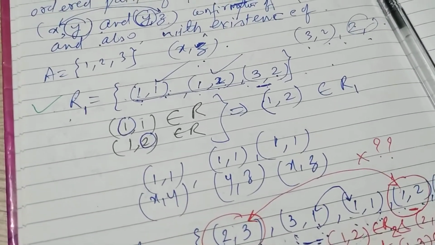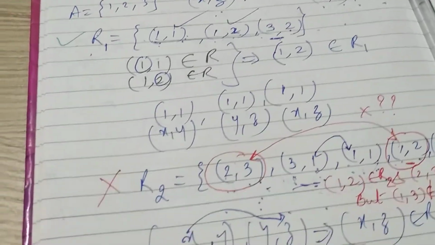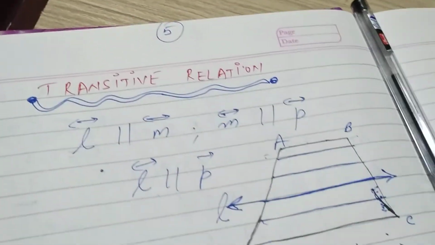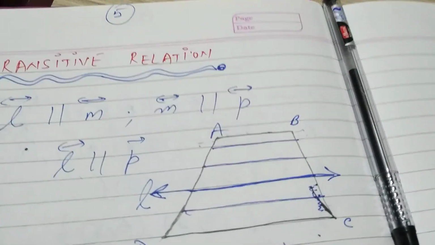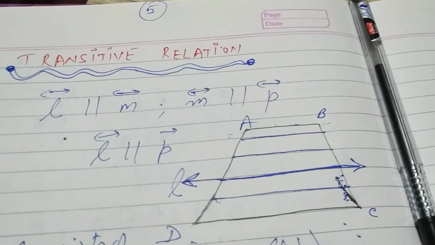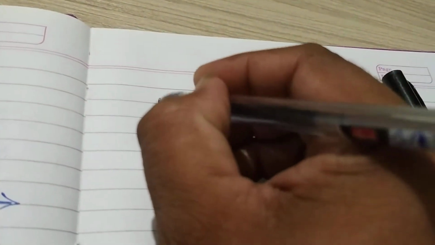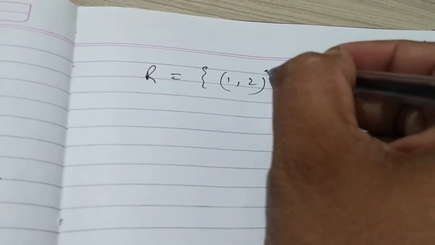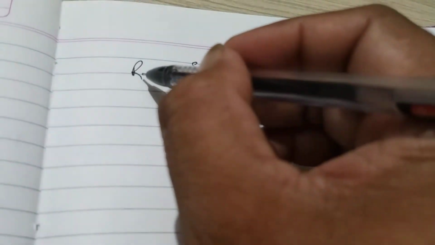Now, in your textbook, there are certain examples. For example, I would like to take an example of a transitive relation. A relation R comprising only one element like this. They ask whether it is transitive or not.